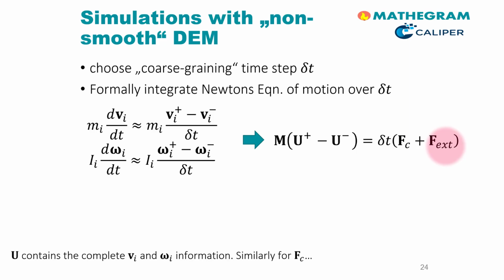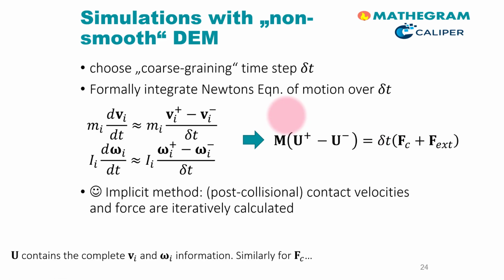This equation now must be solved given the complementarity relationships and the known velocities u superscript minus, and expressions for the external forces, of course. Of course, also the positions of the particles matter, and they are accounted for in the complementarity relationships.